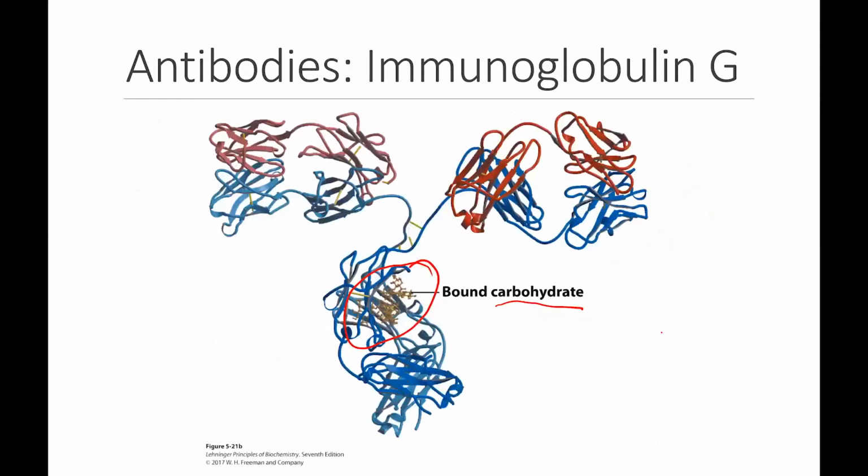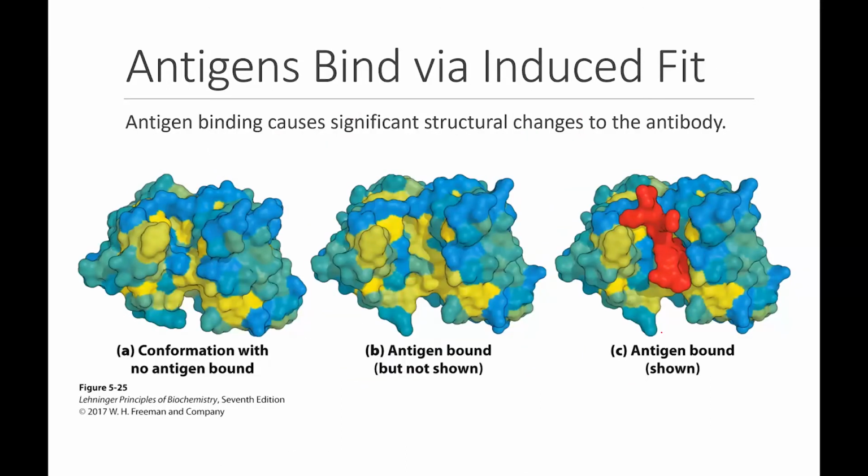So you've closed up onto the antigen binding area here at the top of an antibody. And you can see when the particular antigen or ligand binds to that site, you actually have conformational changes to the antibody. And the conformational changes make the antibody bind more strongly to that antigen. So again, we talked about this in the first section, induced fit.